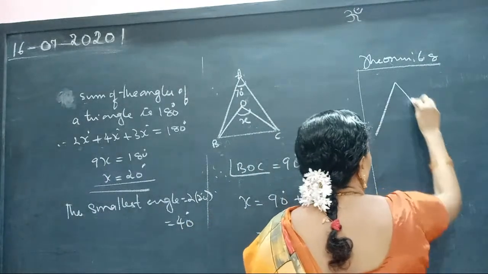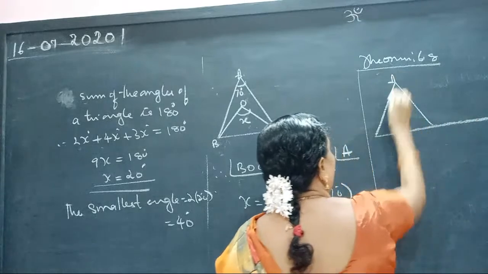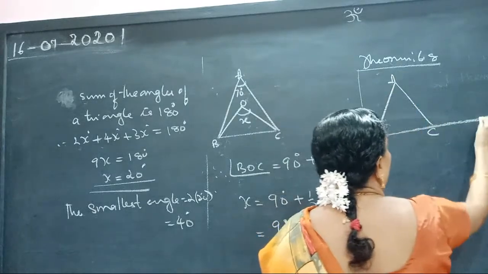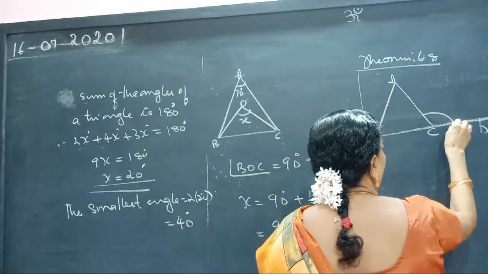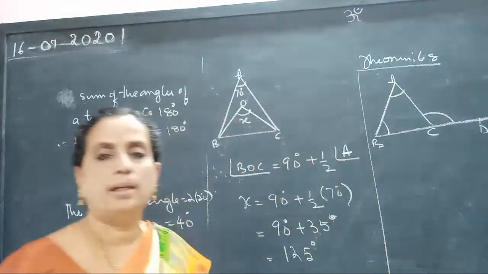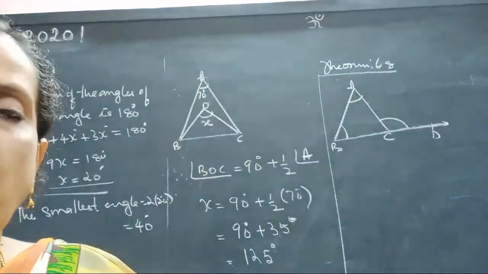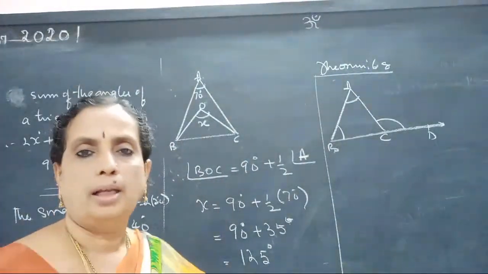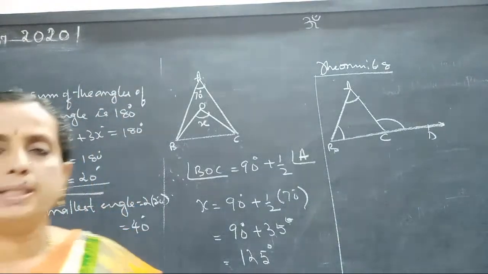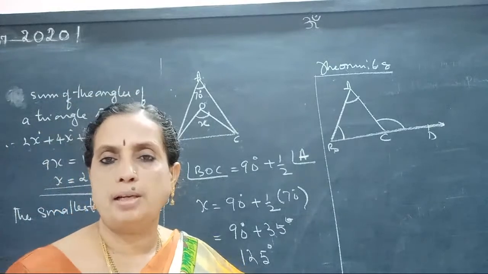When the side of a triangle is produced, the exterior angle so formed is equal to sum of the interior opposite angles. Even this also we have proved in the earlier class. Again, I have added this question as a practice question so that you can answer it as an assignment.